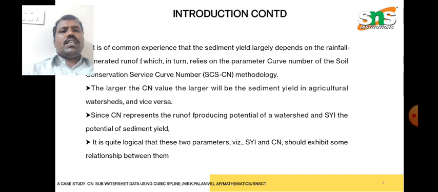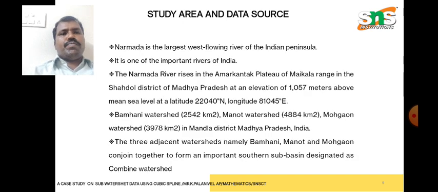The larger the CN value, the larger the sediment yield in agricultural watersheds, and vice versa, since CN represents the runoff producing potential of a watershed and sediment yield index the potential of sediment yield. It is quite logical that these two parameters, SYI and CN, should exhibit some relationship between them.